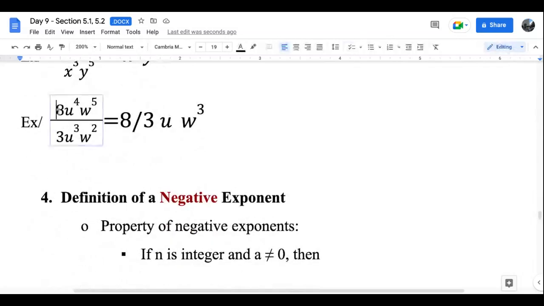Next one, with a u to the 4th power, w to the 5th power, divided by 3u cubed, w squared. So first we do the number: a divided by 3, this is a over 3. u to the 4th power divided by u to the 3rd power becomes u to the 4 minus 3, which is 1. w to the 5th power divided by w to the 2nd power is w to the 5 minus 2, which equals 3.